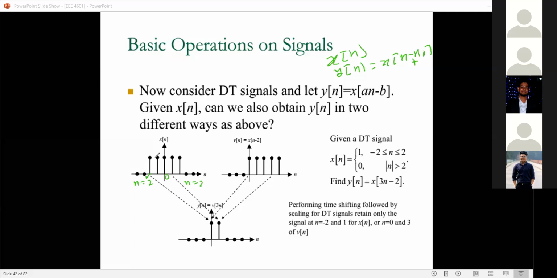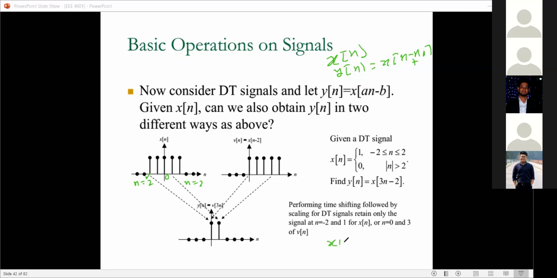It is actually a discrete time pulse centered at the origin. Now, if we want to shift it by 2 time samples to the right, then what will happen? Your n equal to minus 2 will go to where? n equal to 0.